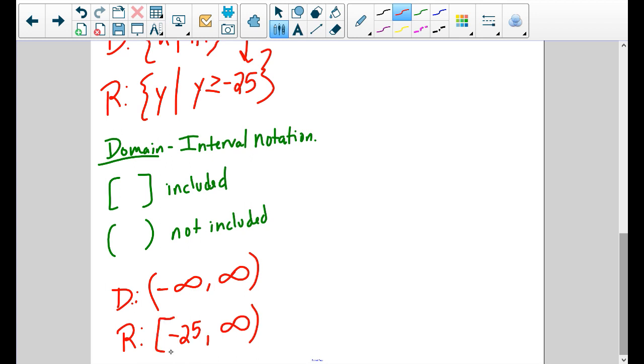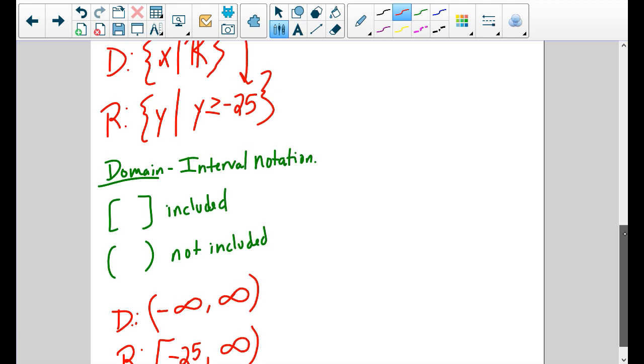So it's going to get a bracket on that side. For the domain, you have both parentheses because neither number is included. For the range, you'll always have one bracket and one parenthesis because it's either opening up forever or opening down forever. That's just interval notation. If that makes sense and you want to use it, that's fine. You don't have to use it. You can write them just like that.